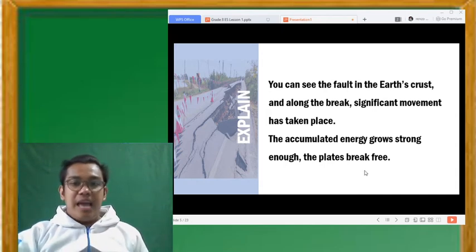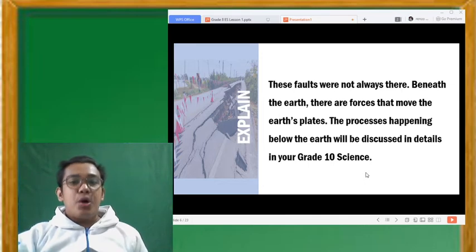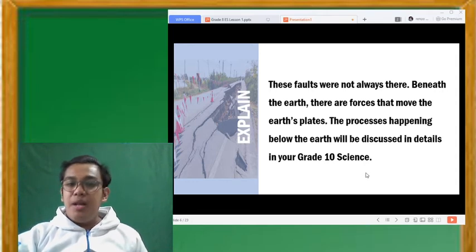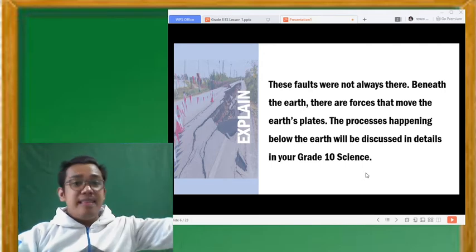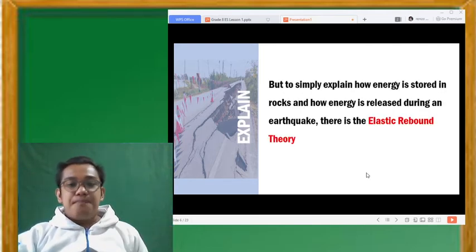When the accumulated energy grows strong enough, the plates break free. These faults were not always there beneath the earth. There are forces that move the earth's plates. The processes happening below the earth will be discussed in detail in your next level, in Grade 10 science.